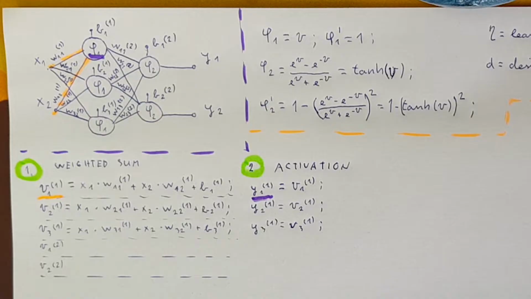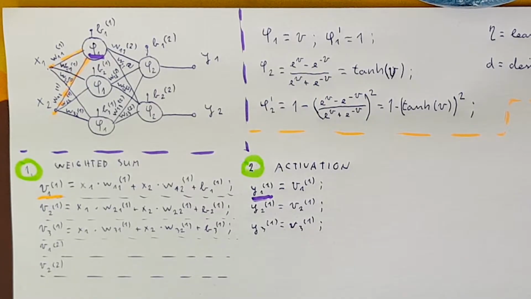Now that we have our activation functions for the first layer, we need to use our activation functions for the second layer, but we cannot get them until we get the weighted sum of the second layer.